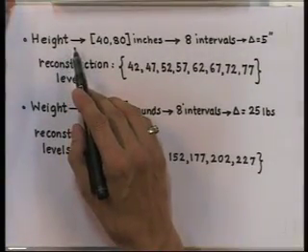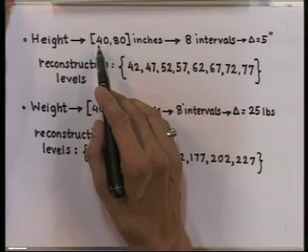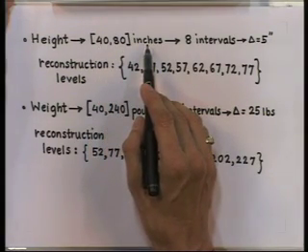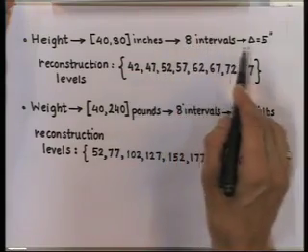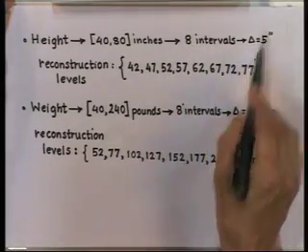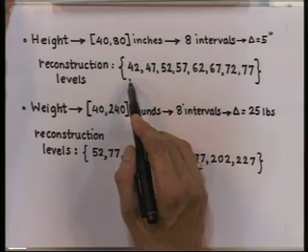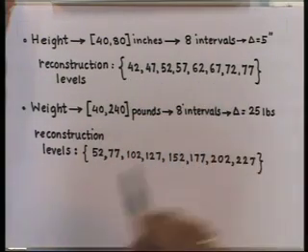So, in this case, height with the range between 40 to 80 inches and 3 bits of quantization will give us 8 intervals with the step size of 5 inches. So, the reconstruction levels are indicated here.